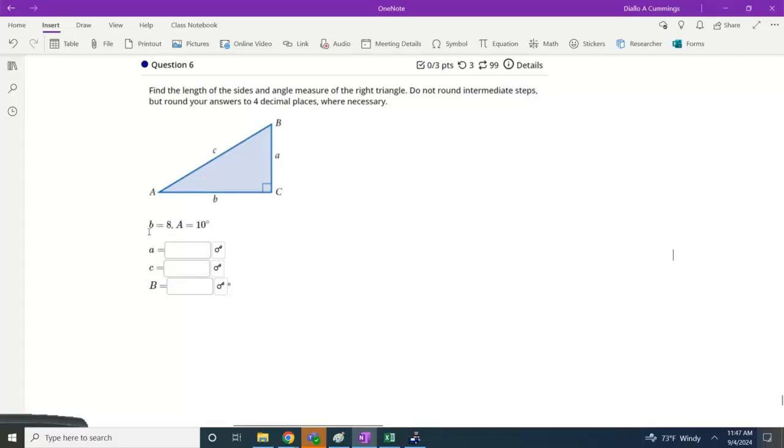They tell us that B is equal to 8, so I'm just going to jot that in. And angle A is 10 degrees. We're asked to find side A, side C, and angle B.